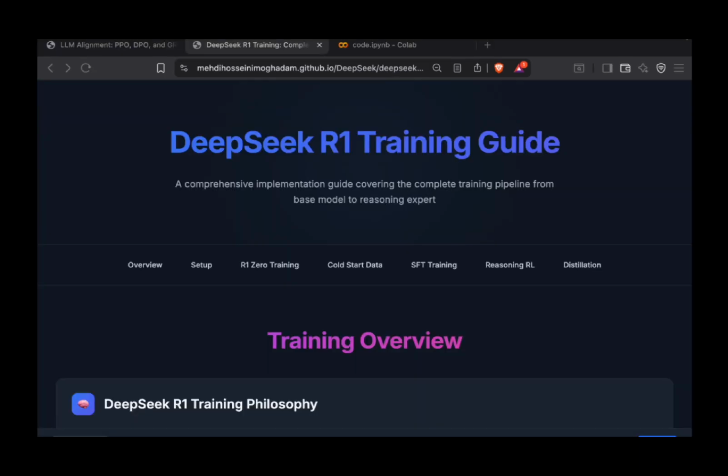Okay, now in this last section, I'm going to walk you through the code and how we can generate something like DeepSeek R1 out of a base model, something like DeepSeek V3. I'm not going to do it exactly with DeepSeek V3 or R1.